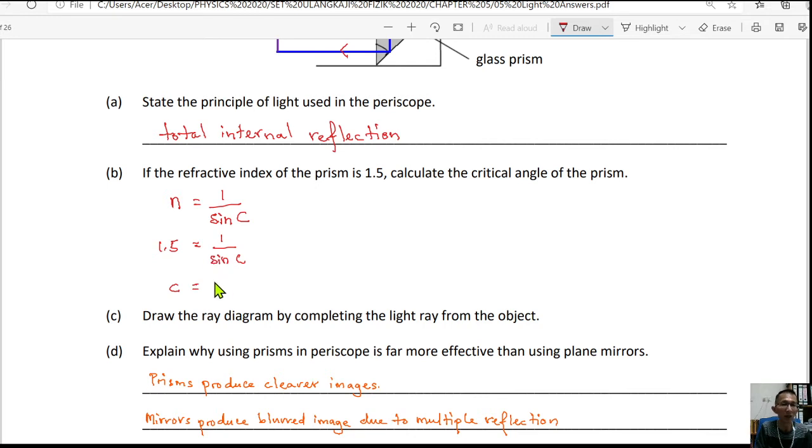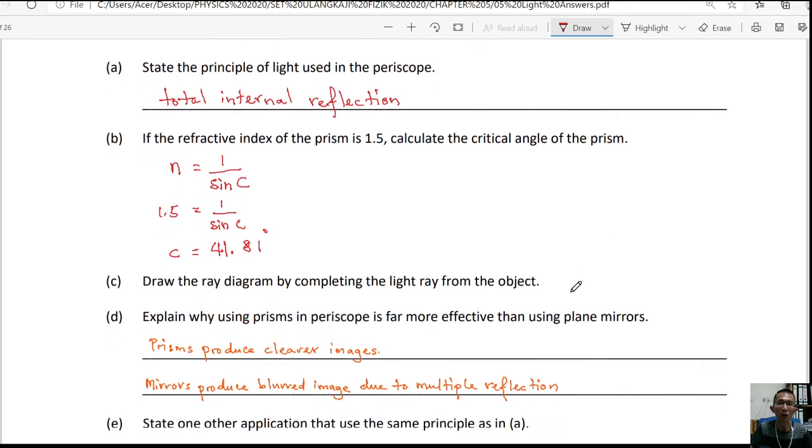You should be able to get C equals 41.81 degrees. So we are just using our formula for refractive index given the critical angle. That's why you need to be very well versed with the refractive index formula. Okay, C, we have done that.